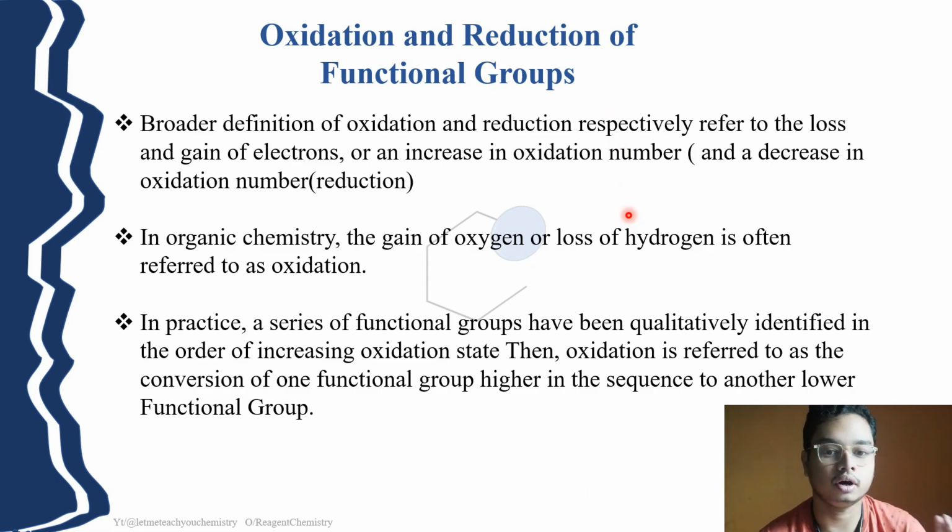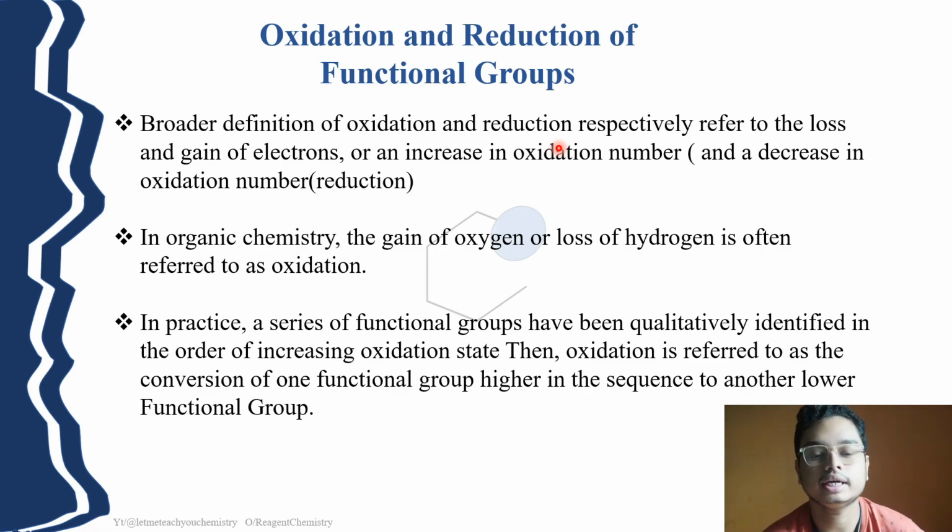So, in inorganic terms, the broader definition of oxidation and reduction refers to the loss of electrons and gain of electrons. Oxidation suggests that your compound has lost some number of electrons, and reduction specifies that your compound gained some electrons, either from an external medium or by doing some kind of reaction.